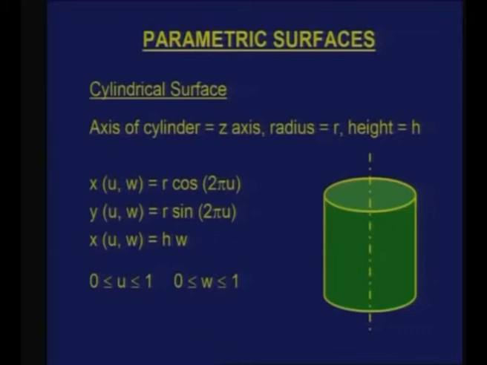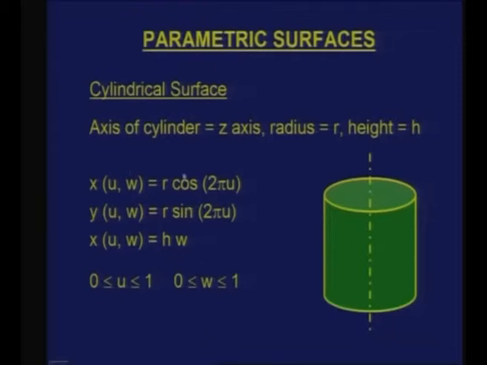So, this can be used to represent some of the known forms of surfaces. For example, a cylinder can be very easily represented as a circularly swept surface. I can take a straight line, or another way is that I know the equation directly in a parametric form, I can put it down. If I am given that the axis of the cylinder is the z axis, the radius is r and the height is h, then I can directly write down the equation.